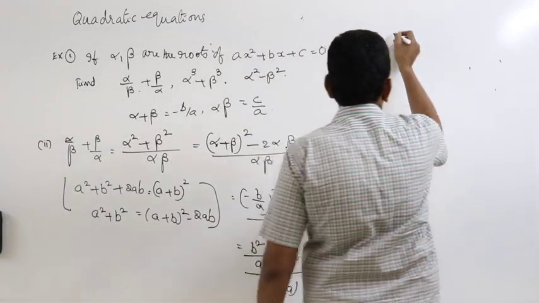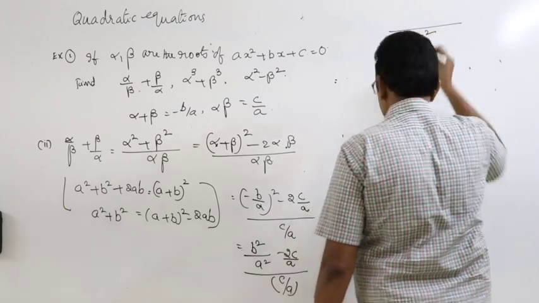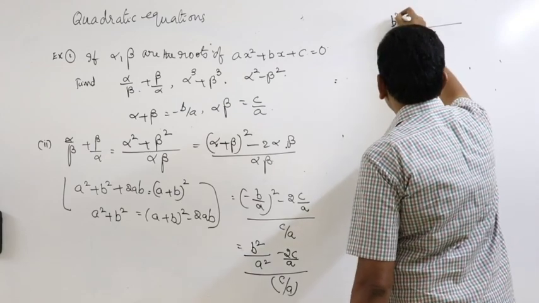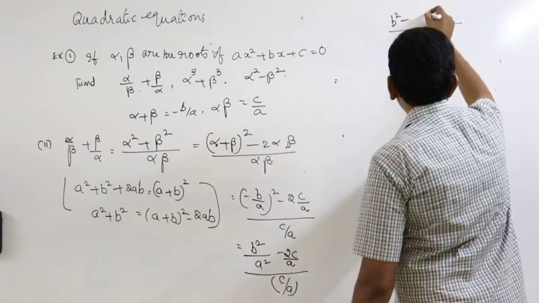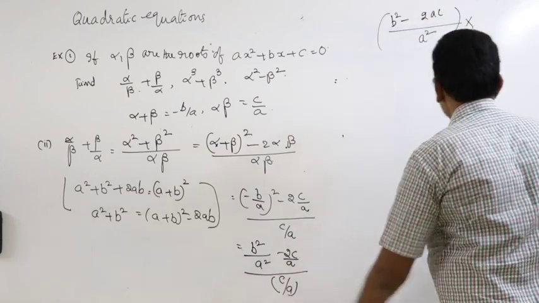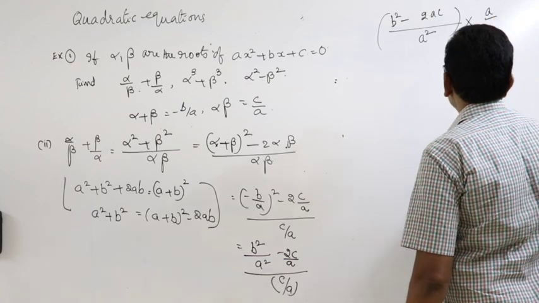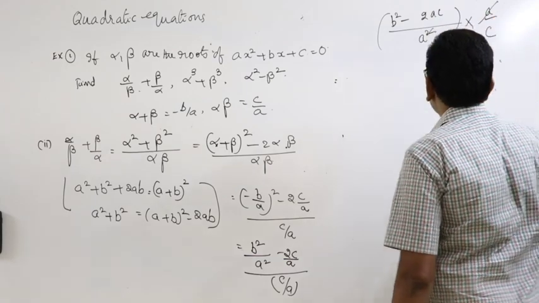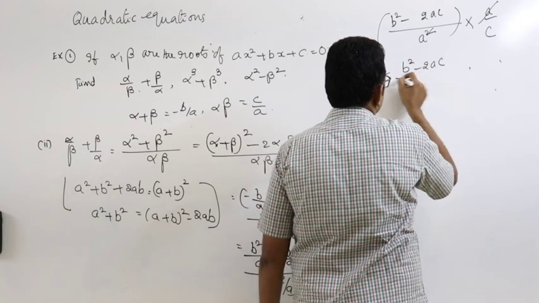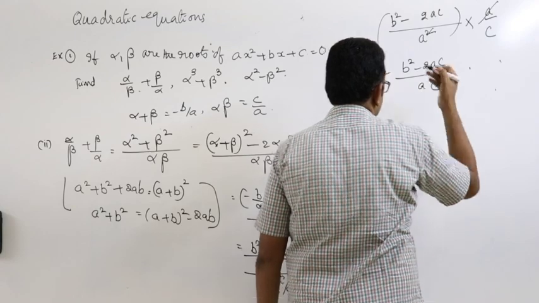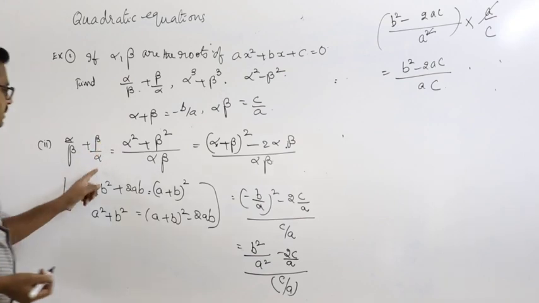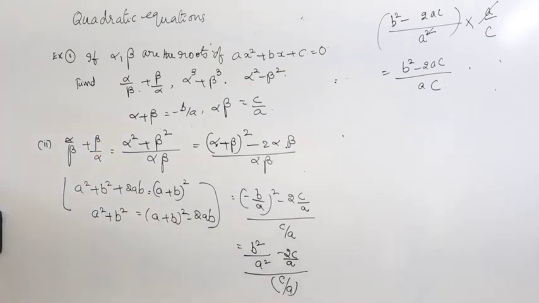By taking LCM, a square is the LCM, so this is b square minus 2ac into a by c. So one a gets cancelled, that is b square minus 2ac by ac. So this is the alpha by beta plus beta by alpha value. That is the first result.